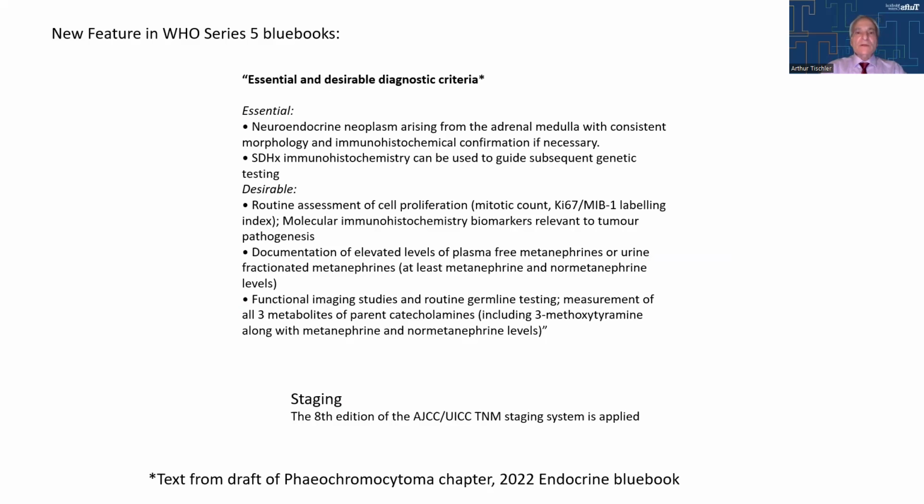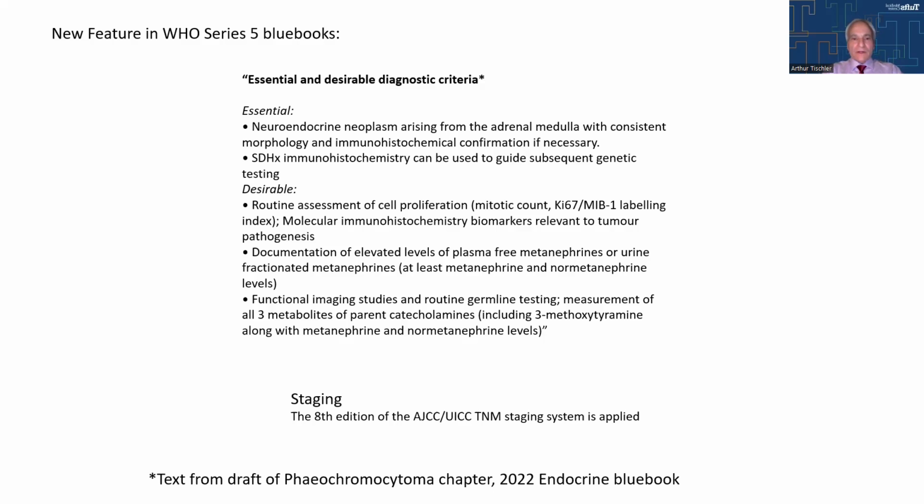SDHX immunohistochemistry can be used to guide subsequent testing. Desirable diagnostic criteria are routine assessment of cell proliferation by mitotic count and/or Ki67 labeling, molecular immunohistochemistry for biomarkers relevant to tumor pathogenesis, which may include others in addition to SDHB, and documentation of elevated plasma levels of free metanephrines or urine fractionated metanephrines.